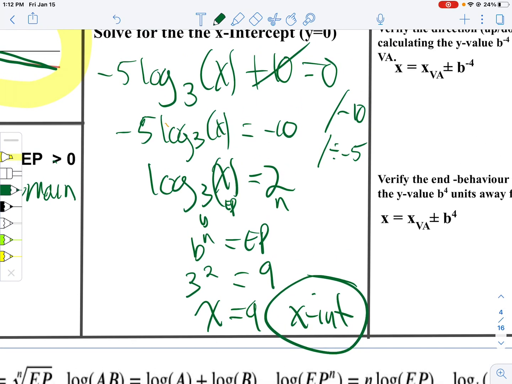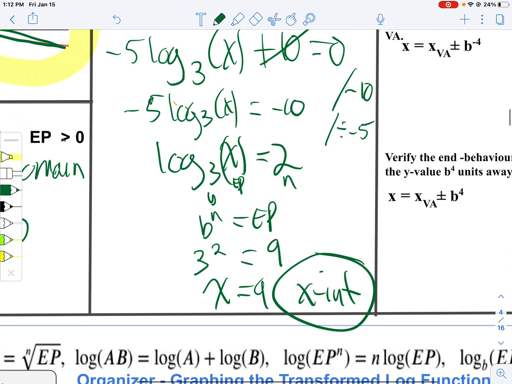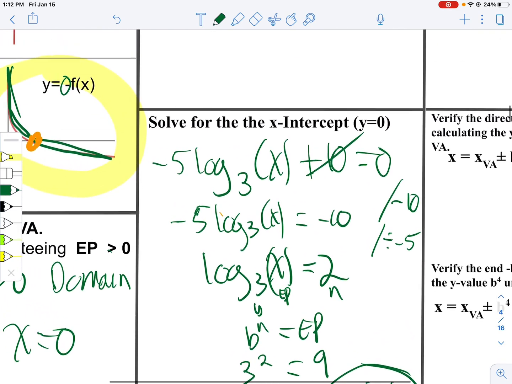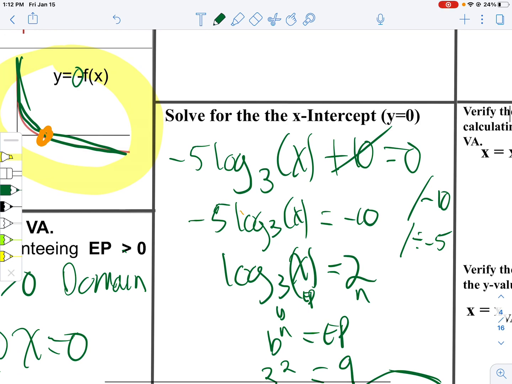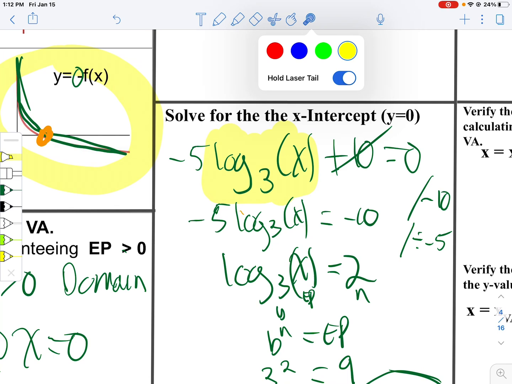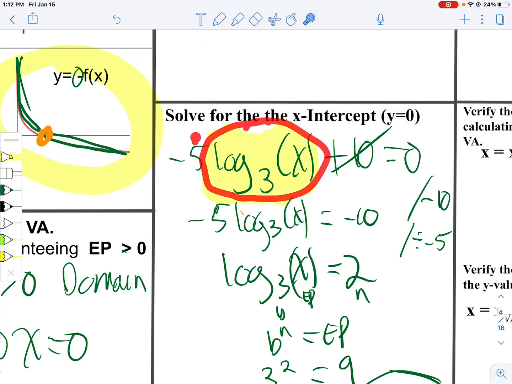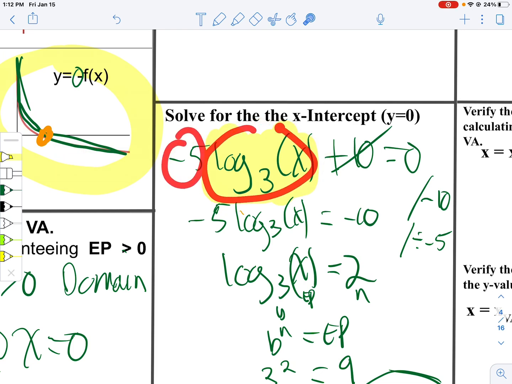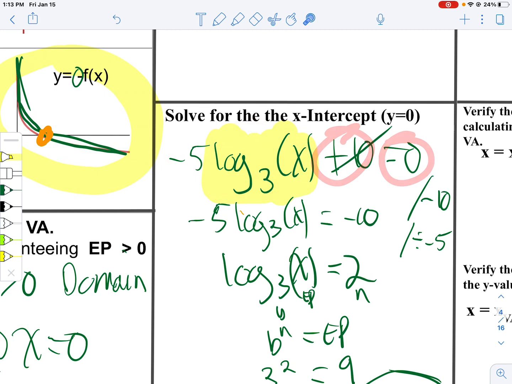Now, could I have done that without all that algebra, just by looking at the equation? Let's see. If I highlight this and think of what the equation says, it says negative 5 multiplied by that, plus 10, equals 0.